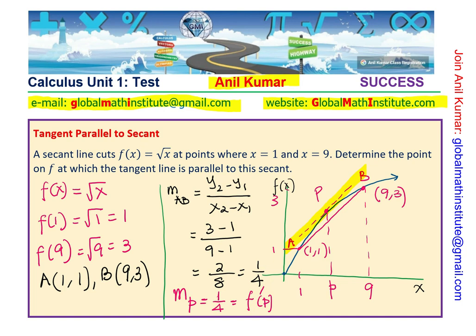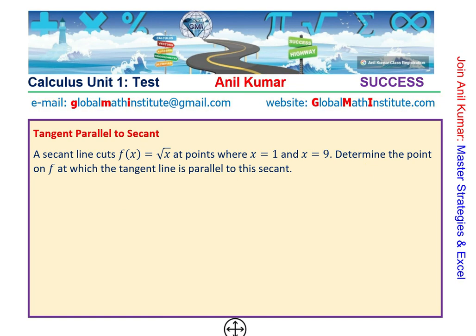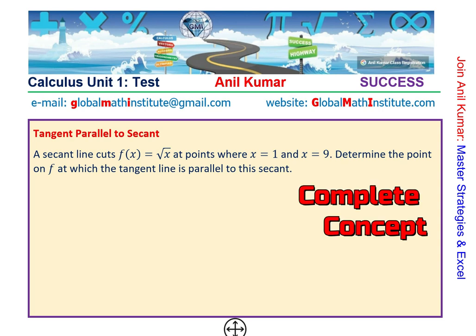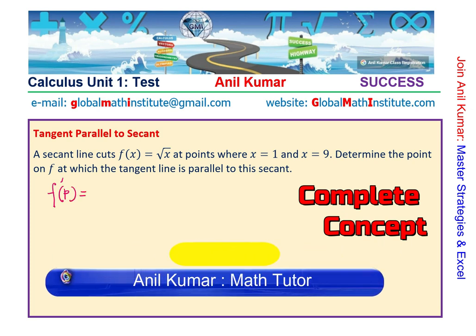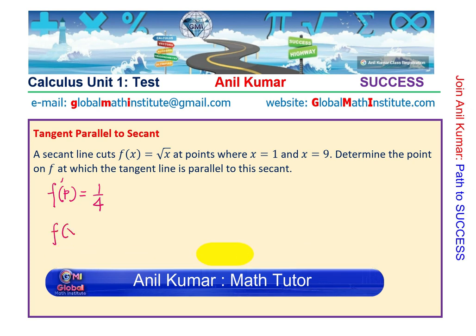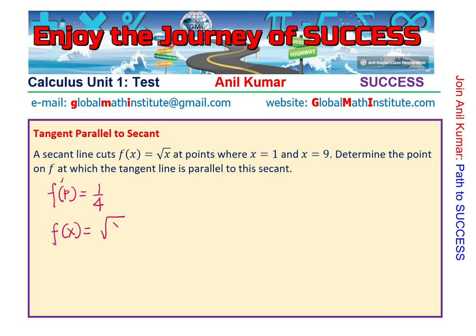Now we have come down to this: we know that the derivative at point P is 1 by 4, where the function given to us is square root of x. The derivative of the function is x to the power of half, meaning half x to the power of minus half. So I could write this as 1 over 2 square root of x. Clear?